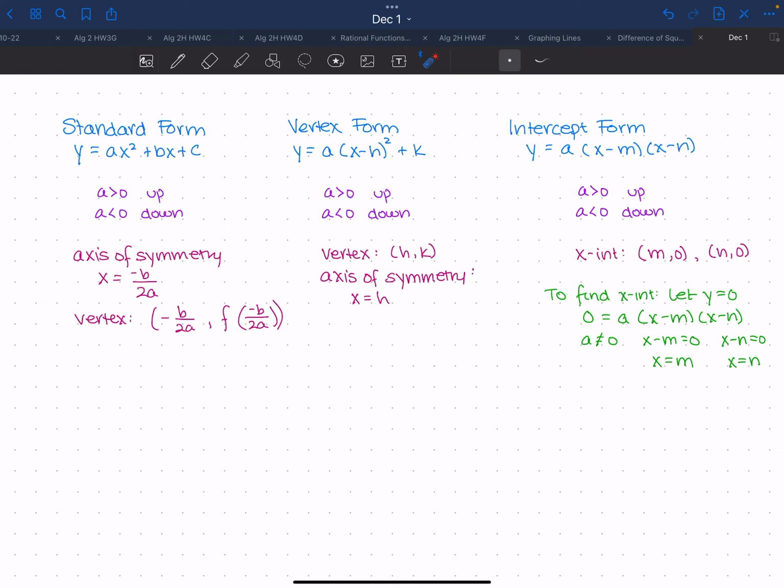So this all gives us a little bit of information. We can find the intercepts for any one of these, though. If we were going to find the x-intercepts for standard form, we're still going to let y equal 0.